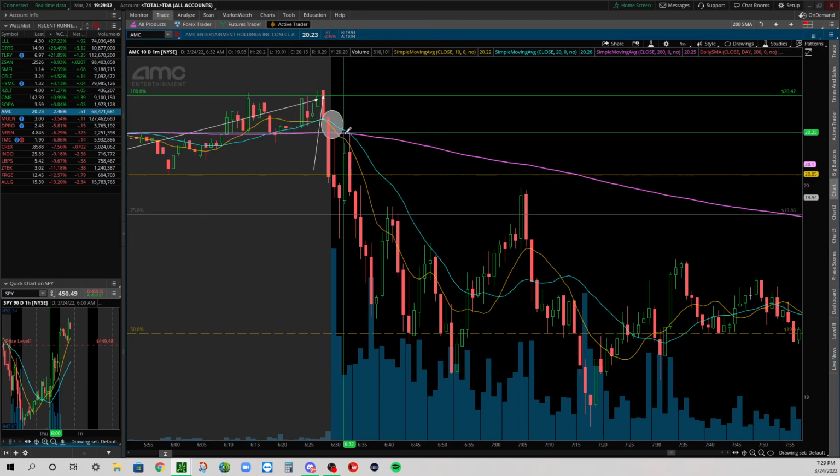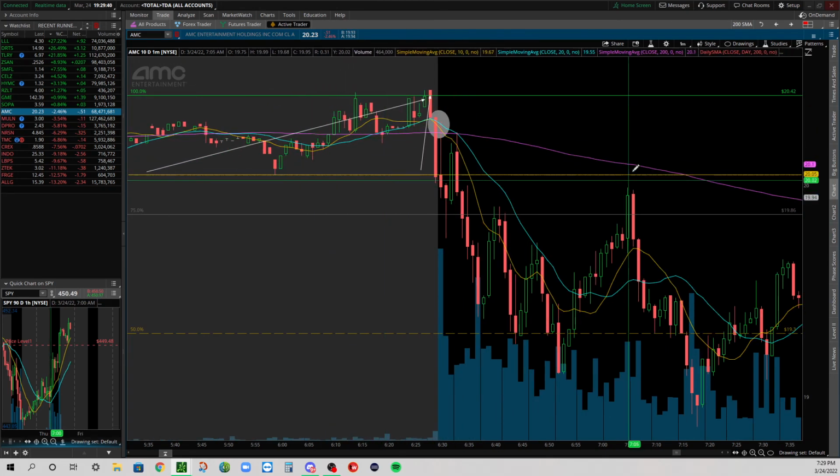Can somebody tell me how much confidence of resistance this level would be based on what you see? I want you guys to really observe what I'm talking about here.